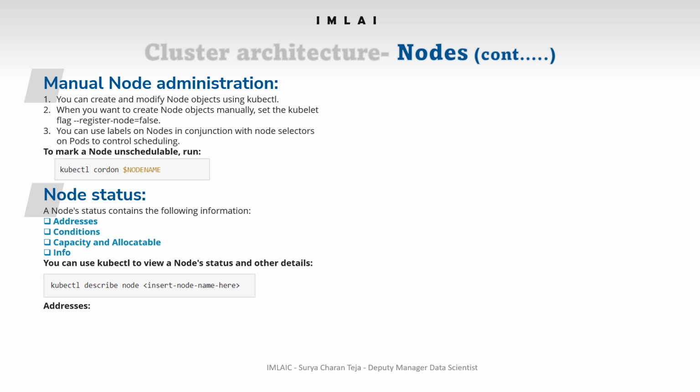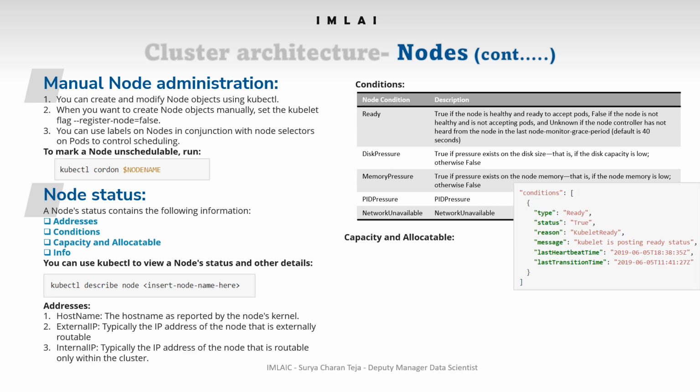The host name as reported by the node's kernel can be overridden by the kubelet, so you can use the host name override parameter to override the host name. Then in the Kubernetes API, a node's condition is represented as part of the status of the node resource. For example, you can look into this conditions file.